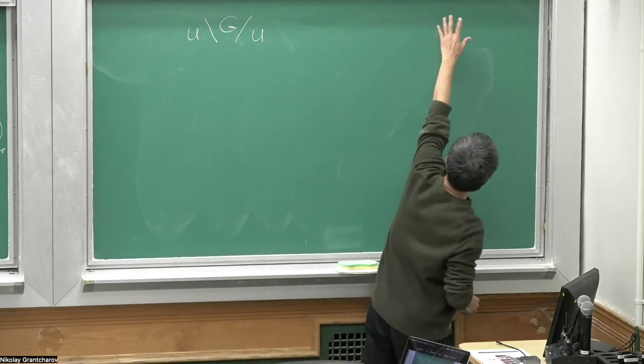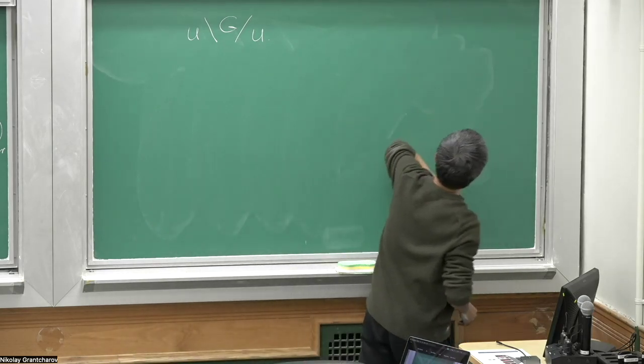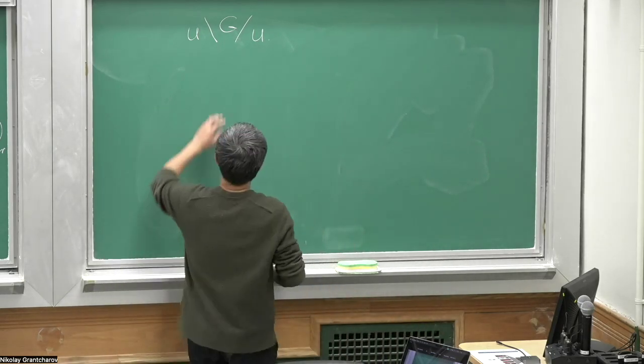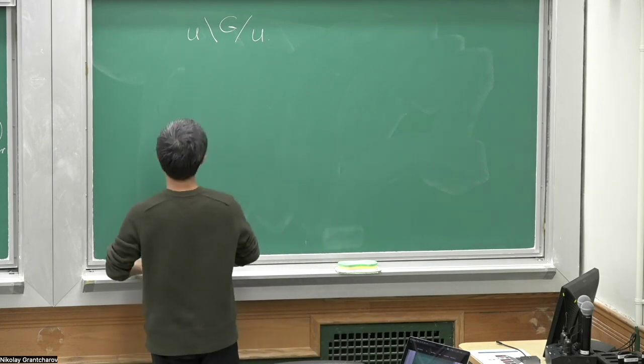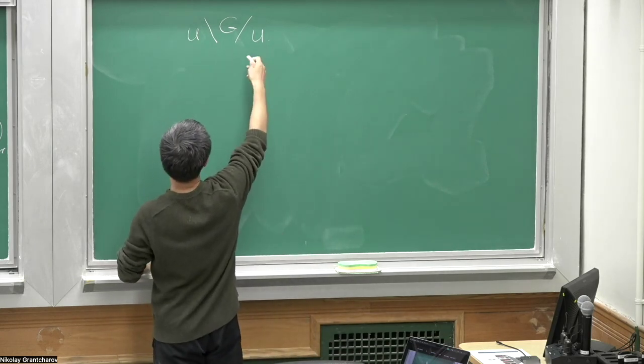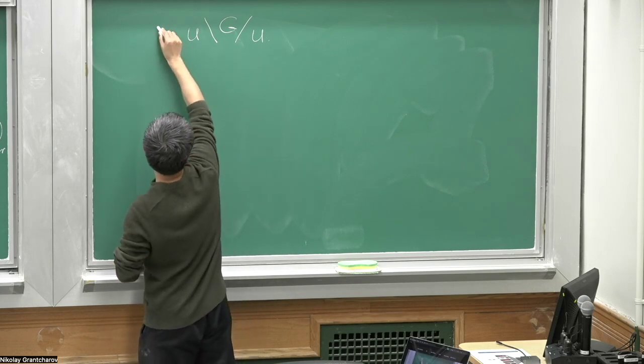Okay, so there are some generalized infinitesimal characters being fixed. And that means geometrically we should look at sheaves with unipotent monodromy.